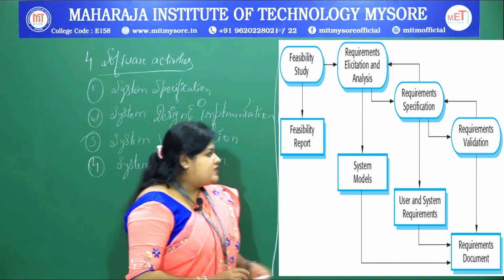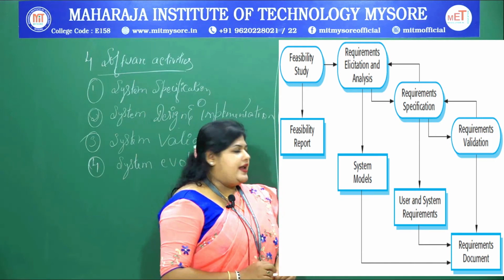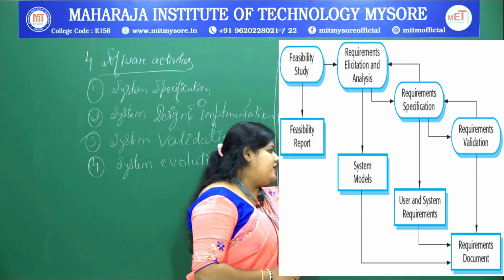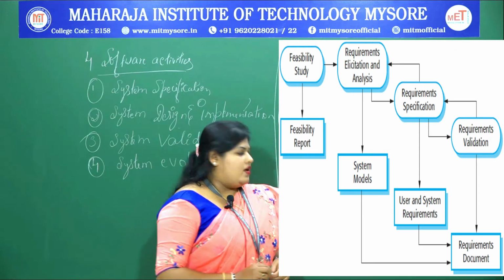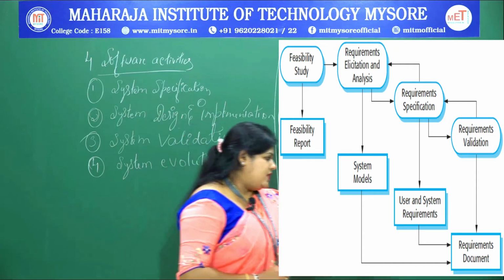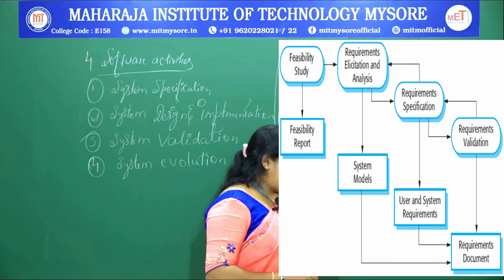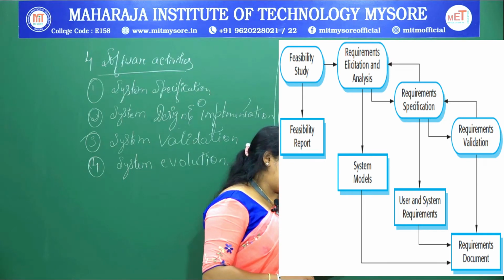So, in accordance with what happens in requirement elicitation and analysis, where the system models will be set out, that is, what types of models we are supposed to deal with. The requirement specification has two types, user and system requirements.